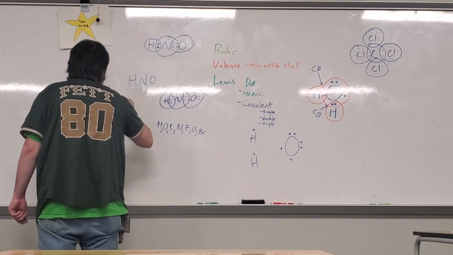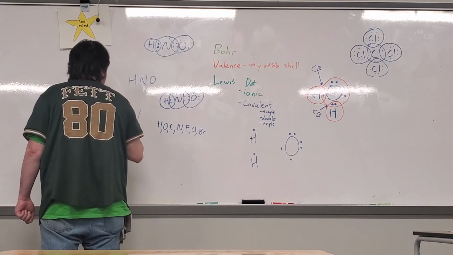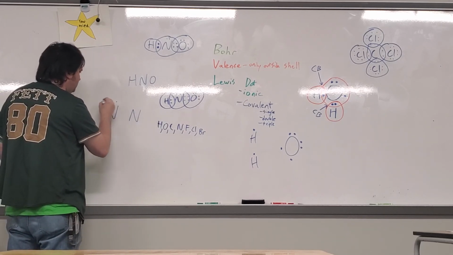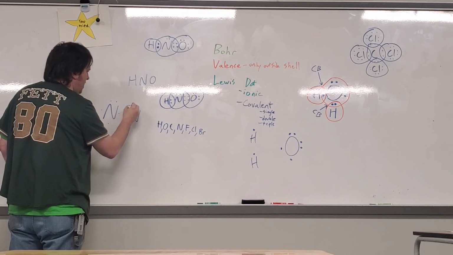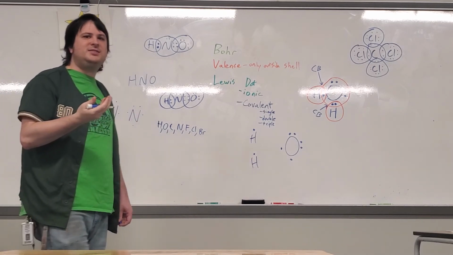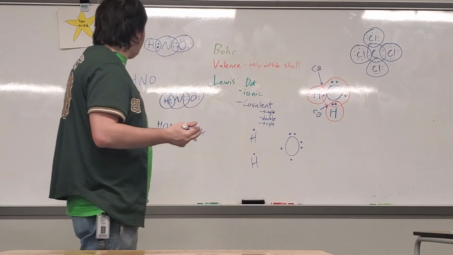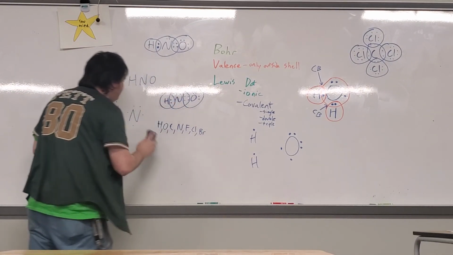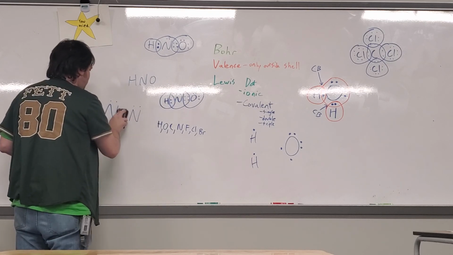Such as one big example would be nitrogen. Nitrogen has 5, and nitrogen also has 5. The nitrogen that exists in the air is nitrogen bonded to nitrogen. But since they only have each other, they have to make every single bond with each other.